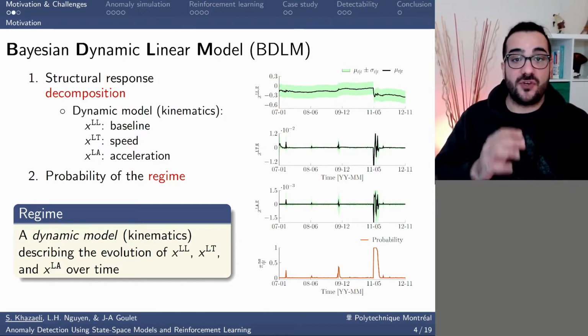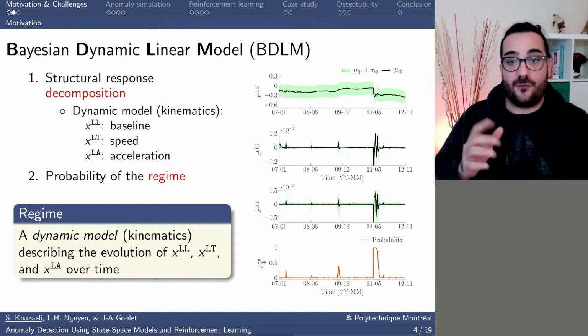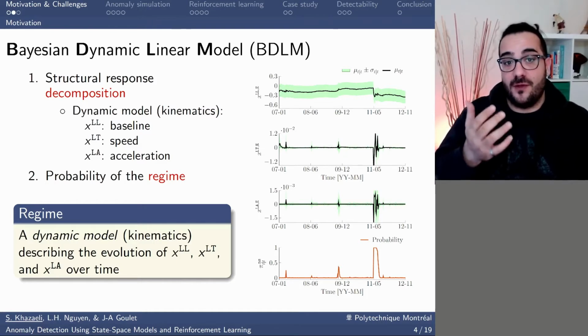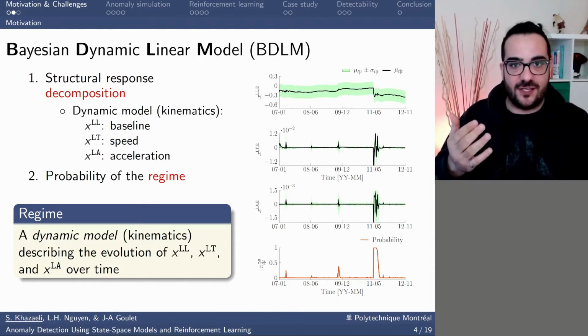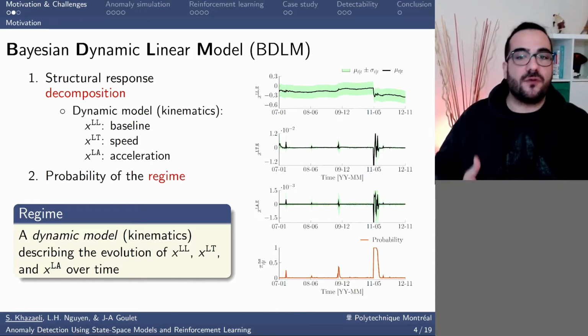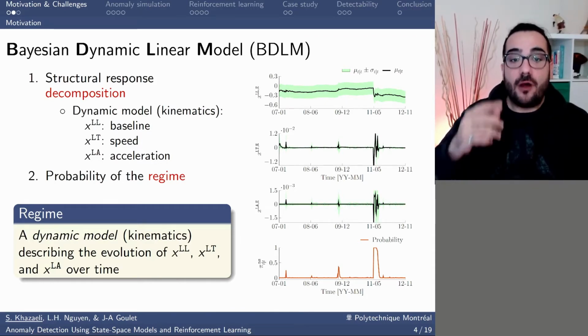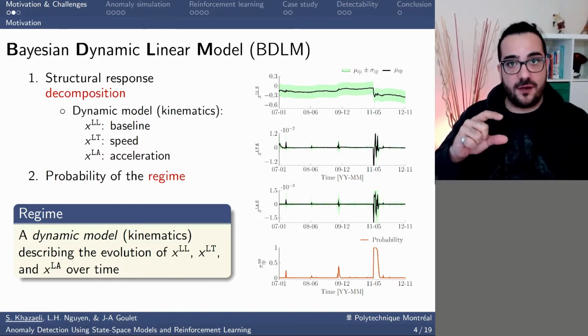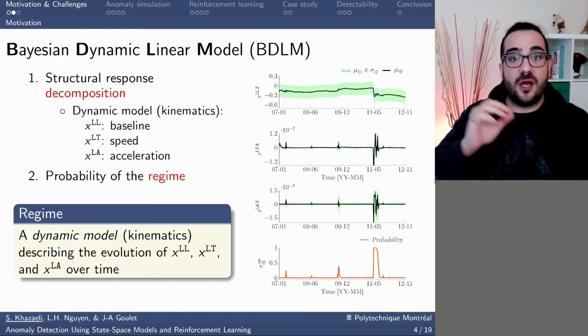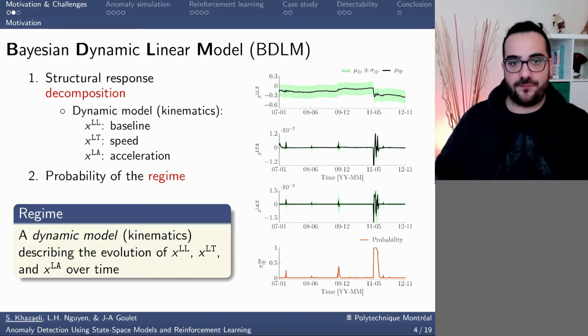For one of them, the trend is locally constant, and for the other one, it is not. And when we don't have the locally constant trend, of course, we're going to have acceleration. Take a look at the fourth figure. It shows the probability of changing between these regimes, that is, the probability that the trend is not constant. So basically, the fourth figure is the probability of the non-stationary regime.